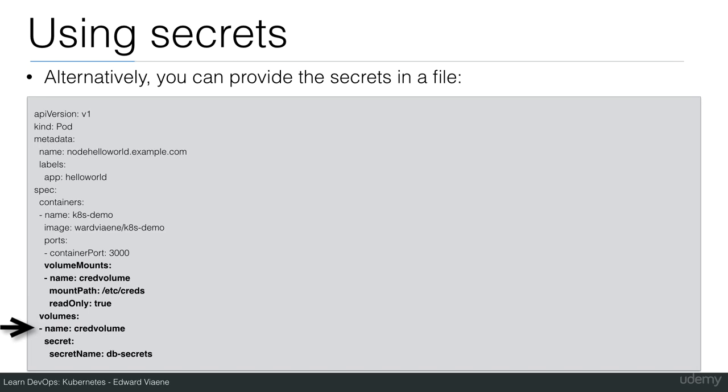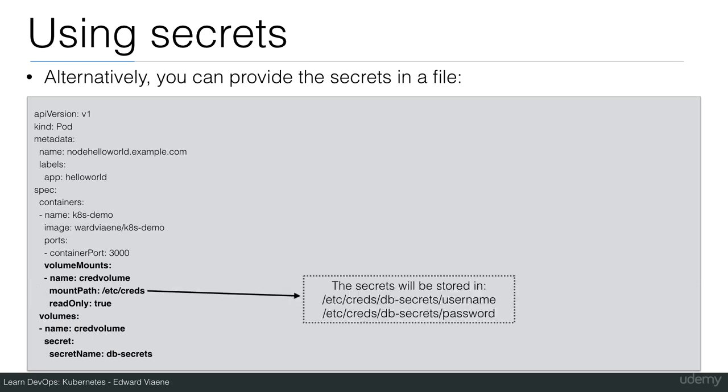So this name, cred volume, must be equal to the volume mount, because in the volume mount, you're referring to a volume here that you're creating. This volume exists of secrets, so we're going to say secret with a secret name, database secrets. So all the keys and values of database secrets will now be put in this etc creds folder, and the secrets will be stored in etc creds, database secrets, the name of the secret, and then the keys.